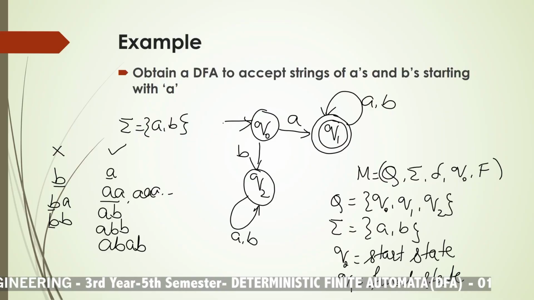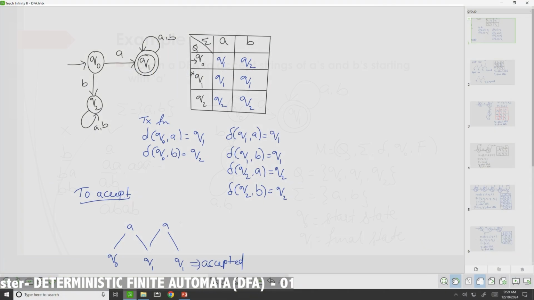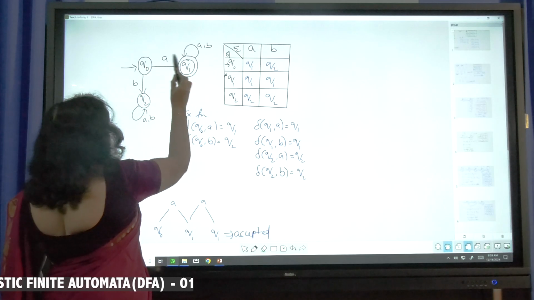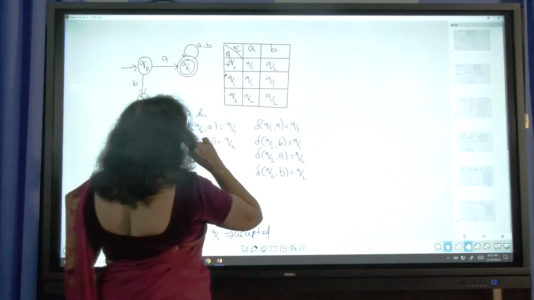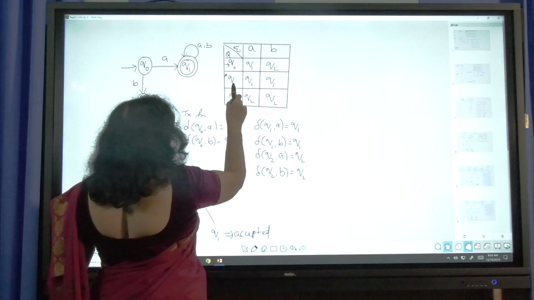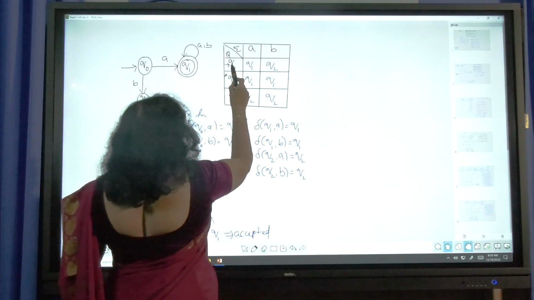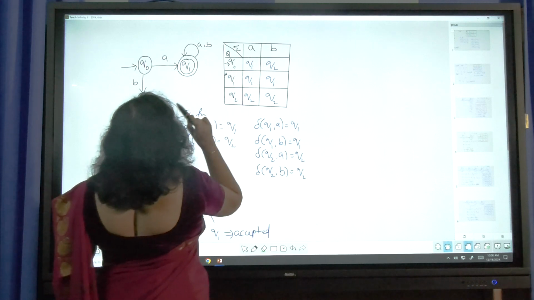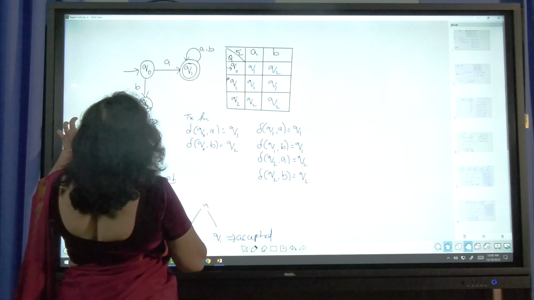Now we will have to write the transition functions. Like we will have to make a transition table. These are the states Q naught, Q1, Q2 and sigma, the inputs, are A and B. We have to see what Q naught on A is. Q naught on A goes to Q1.